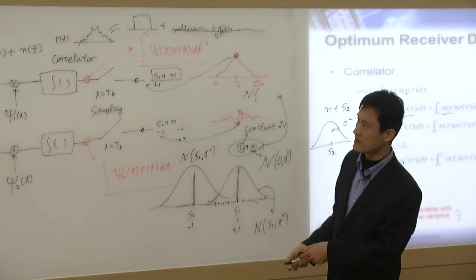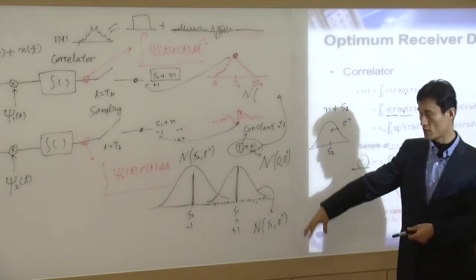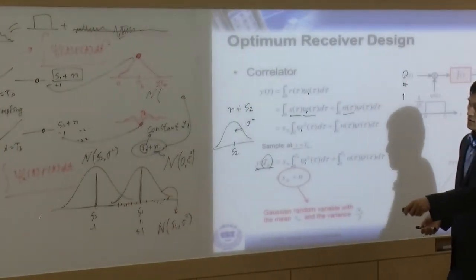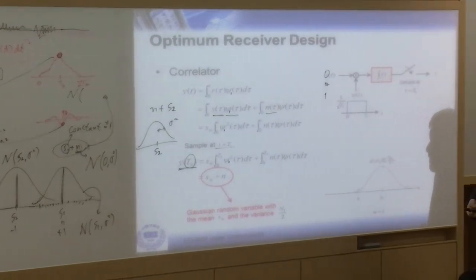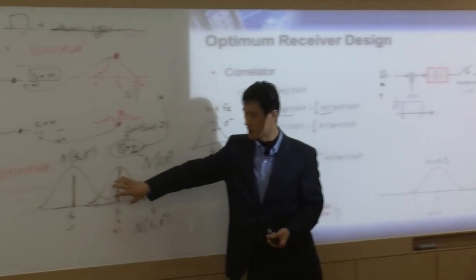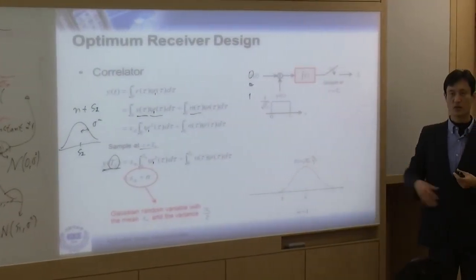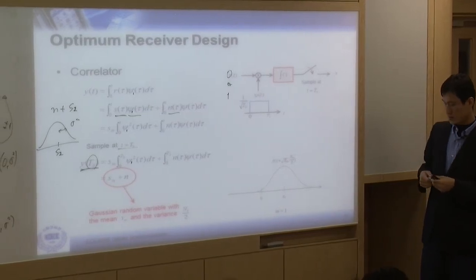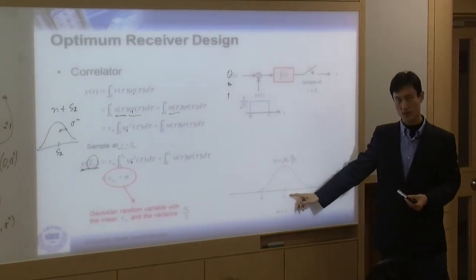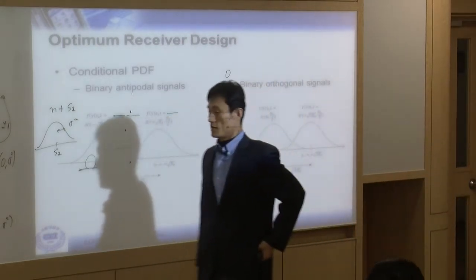We are talking about the binary case, so we have only two symbols, S1 and S2. That is the distribution when you have noise. When you look at only one distribution, it looks like this, and the mean is at S1.